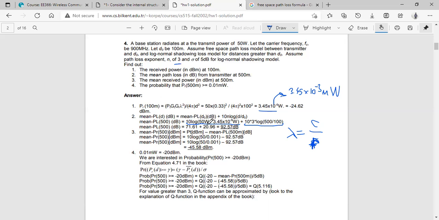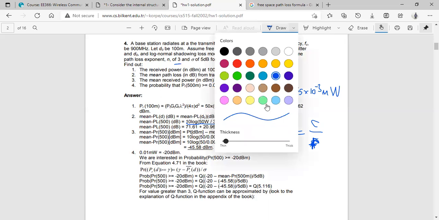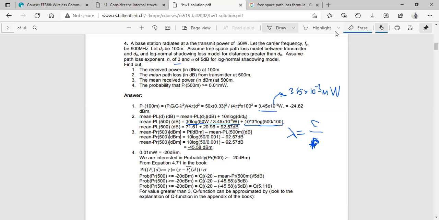Adding these two together is going to be equivalent to 92.57 dB. So the mean path loss in dB for the transmitter at 500 meters is 92.57 dB. Okay, that's regarding part 2 of this question.